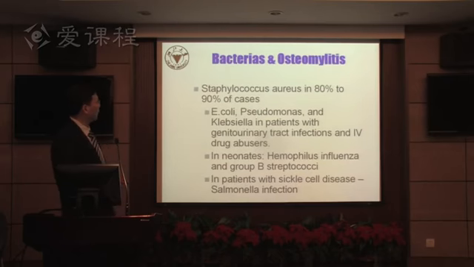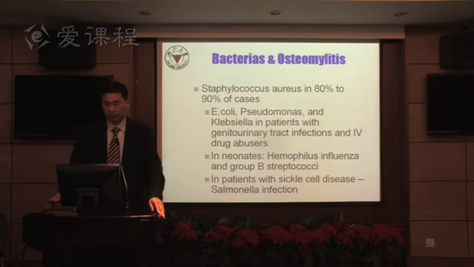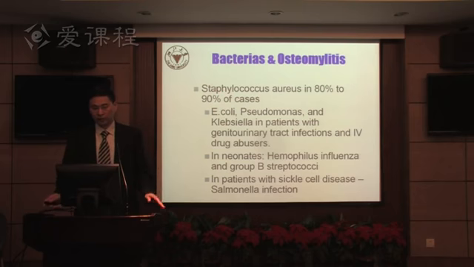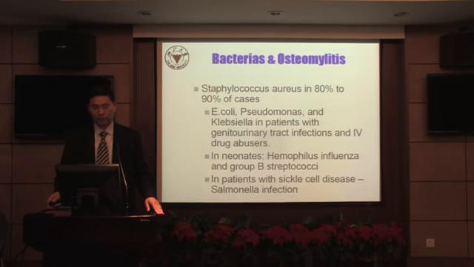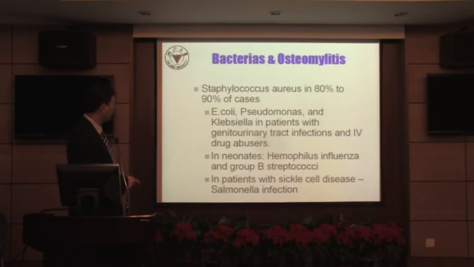As for the bacteria in osteomyelitis, we see Staphylococcus aureus in 80% to 90% of the cases. E. coli, Pasteurella and Klebsiella occur in patients with genitourinary tract infections and drug abusers.